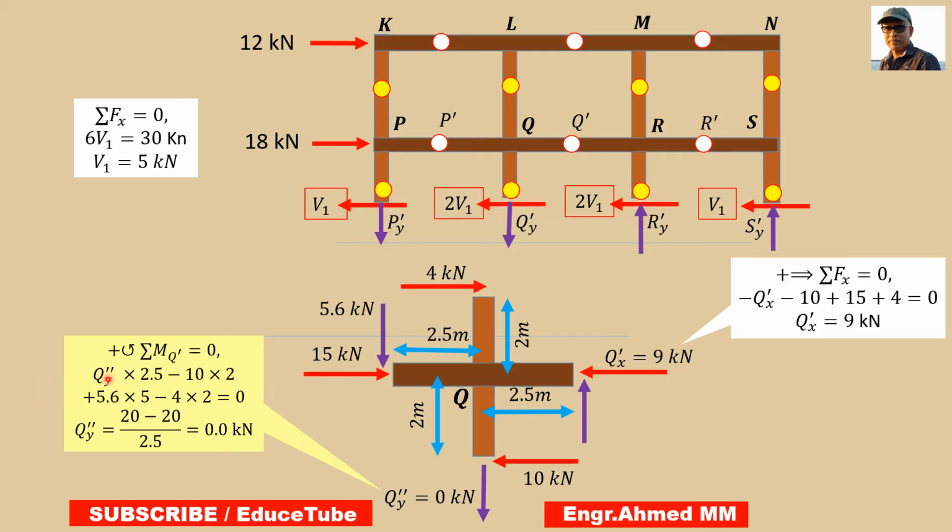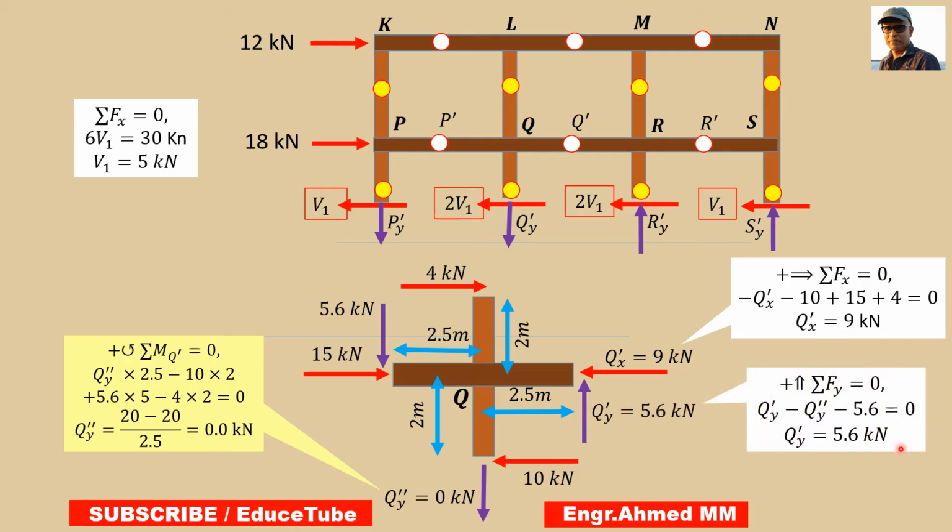This equation of equilibrium is of course equal to 0. So Q double prime Y, this one, we get 0. So put here 0. Once we get this, and already we know this 5.6, easily we can find this vertical reaction component. How? Summing the vertical forces equal to 0, we find Q prime Y equal to 5.6 kilonewtons. So we are done with these Q segments.